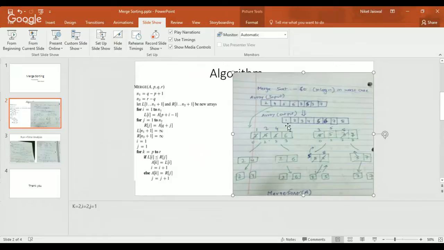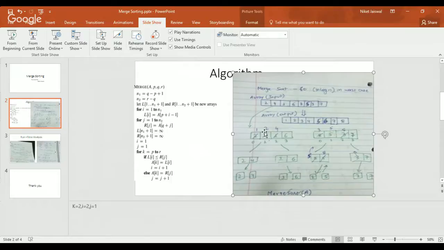Now when we put it back, we have to check this condition again. The condition says: left-hand i is 1, right-hand j is 3, is 1 less than 3? Yes, so i increases from 1 to 2.